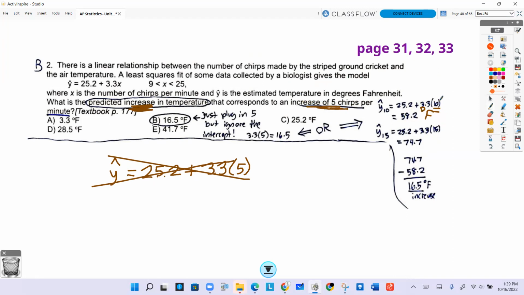And I just made up 10 to kind of drive the point home. So then I'd plug in 15, and I'm going to get 74.7 degrees Fahrenheit. So the question here is, what is the predicted increase in temperature? Well, that increase, you're going to subtract 74.7 minus 58.2, and you'd get 16.5.